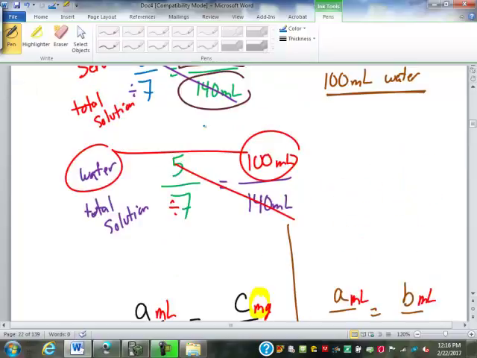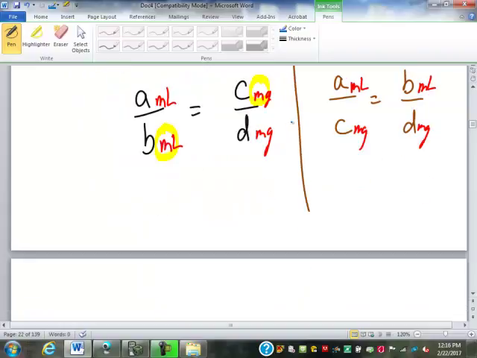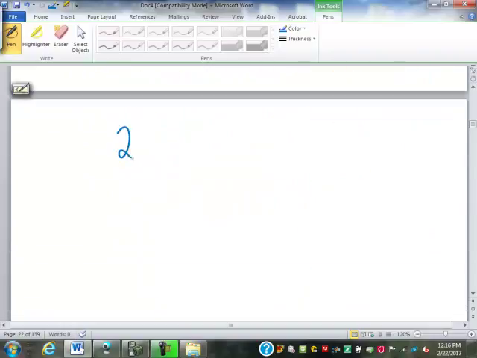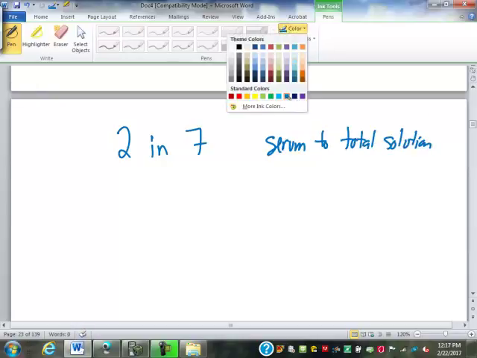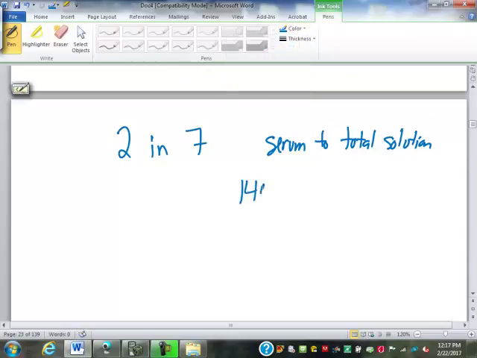So back to this previous example here, let's just do a 2 and 7 relationship of serum in total solution. And we wanted to know the 140 milliliters of total solution.